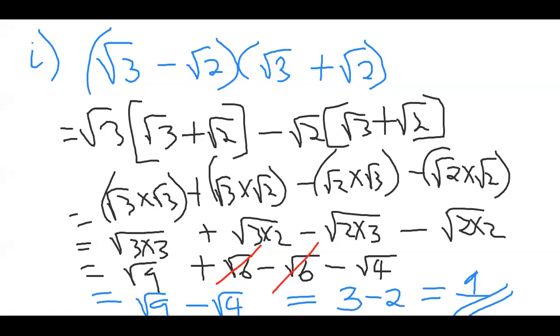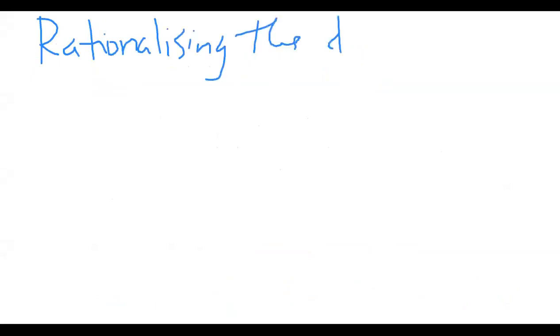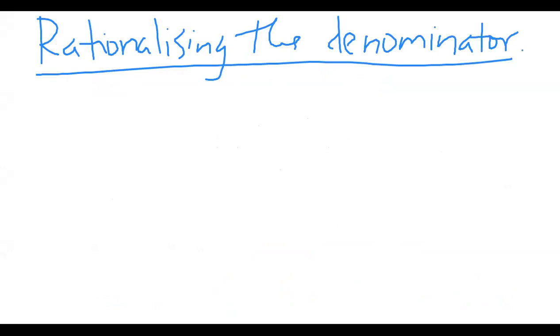So then with this, you can go to the next part, which says rationalization of the denominator. Rationalizing the denominator. For this one here, you can have examples.